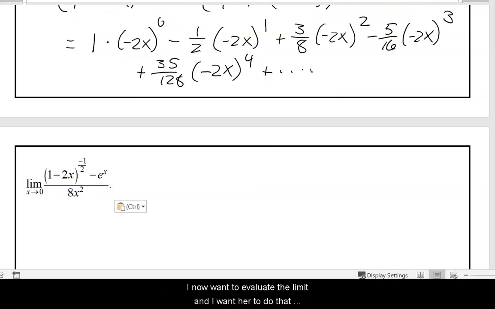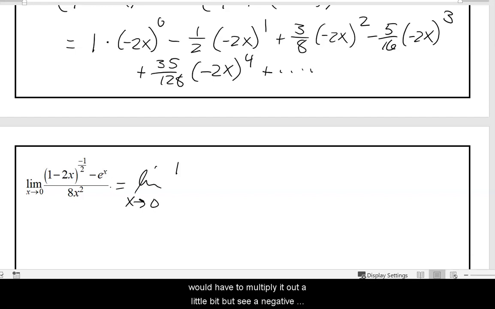I now want to evaluate the limit. And in order to do that, I'm going to replace the binomial part with the series that I found for it, the expansion, above. This will give me the limit as x approaches 0 of those terms added together, which would give me a 1, and then I would have to multiply it out a little bit.